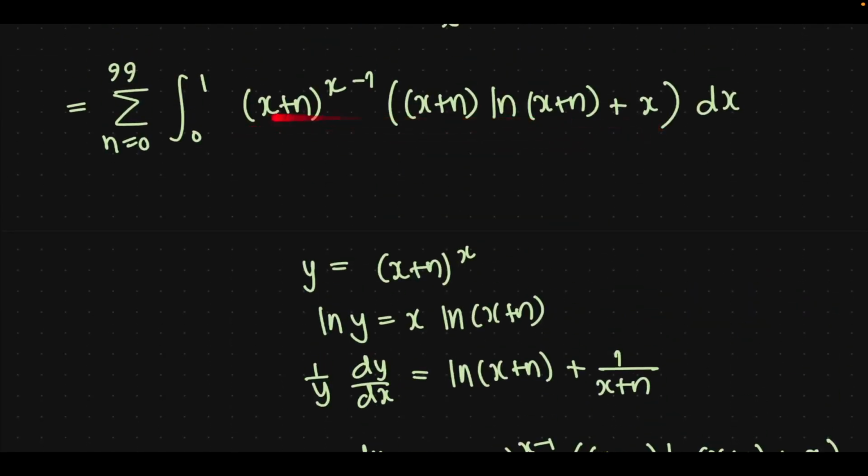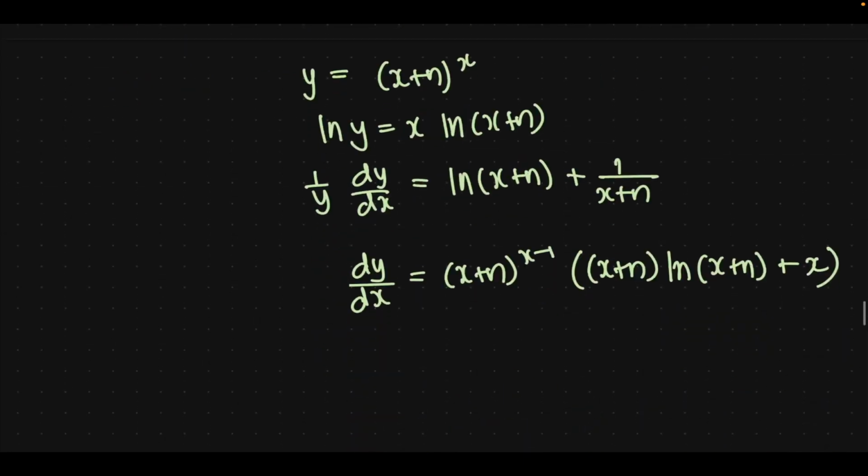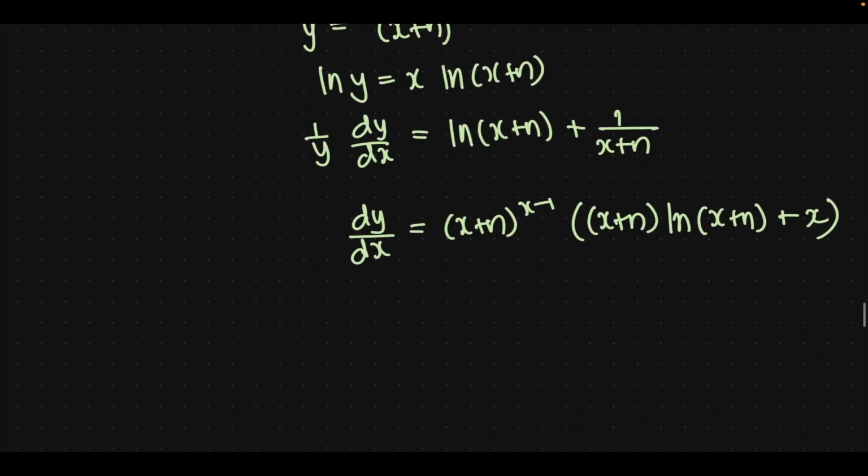So the term inside this integral is a complete derivative, the total derivative of y, which is (x plus n) to the x. So I is just the sum from n equals 0 to 99 of (x plus n) to the x from 0 to 1.